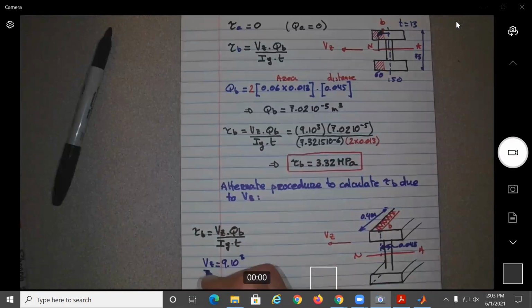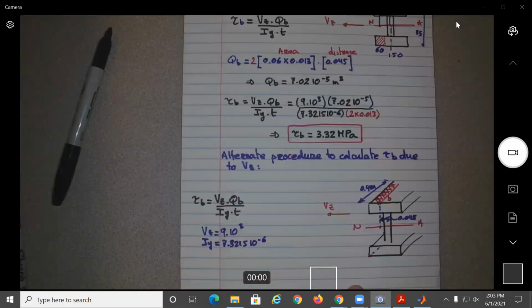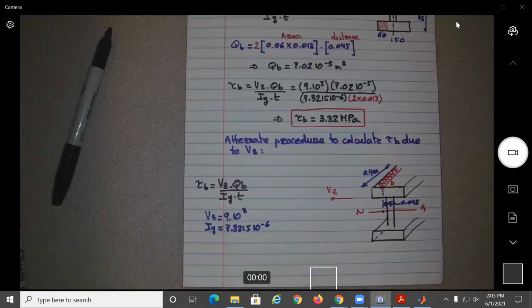I sub Y will be the same thing, 7.3215 10 to the minus 6. But now what's going to change is the Q and the T.